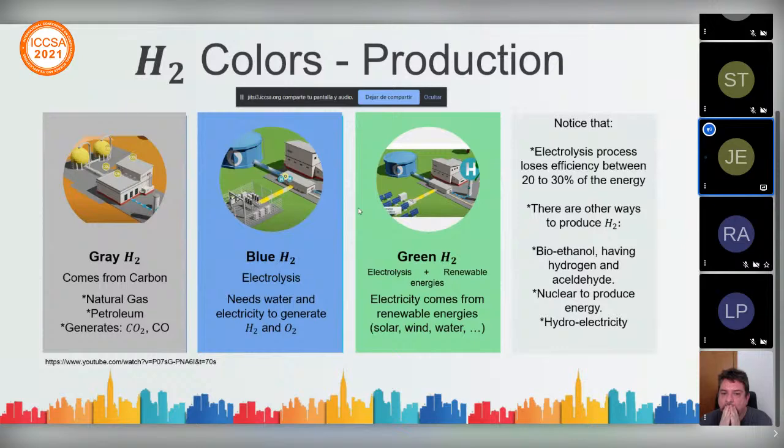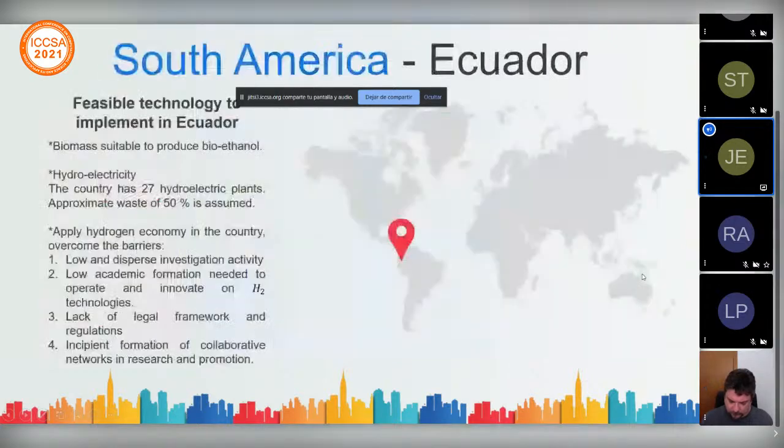And we have to notice that the electrolysis process loses between 20 to 30% of the energy. There are other ways to produce hydrogen, like bioethanol, giving hydrogen and acetaldehyde, here in Ecuador. And also, we can try nuclear to produce energy, and hydroelectricity too.